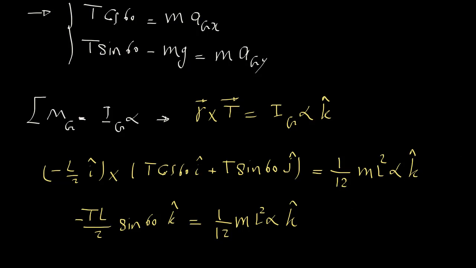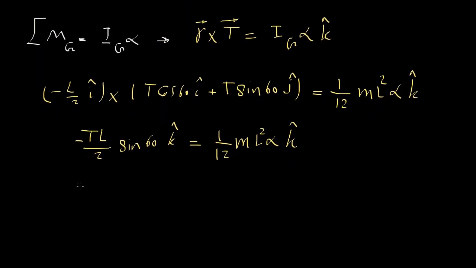So from this equation, let's multiply both sides by 2, we get minus T L sine 60, or let's substitute sine 60. So sine 60 is the square root of 3 over 2, is equal to 1 over 6, and I can also multiply by 2 so that we can have T L square root of 3.